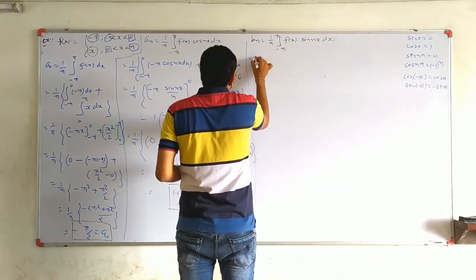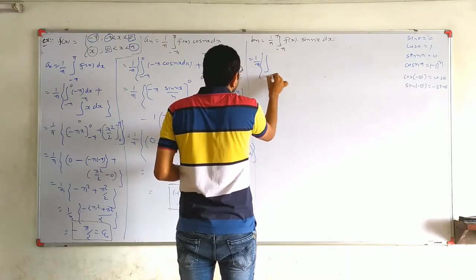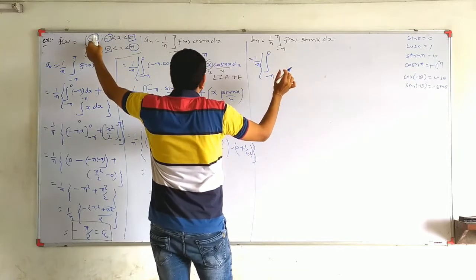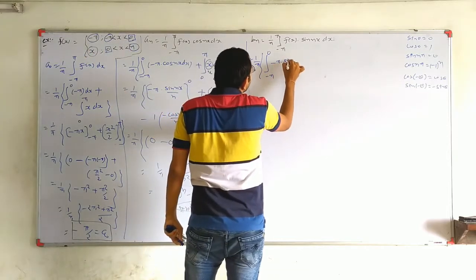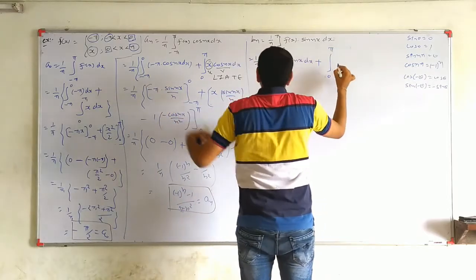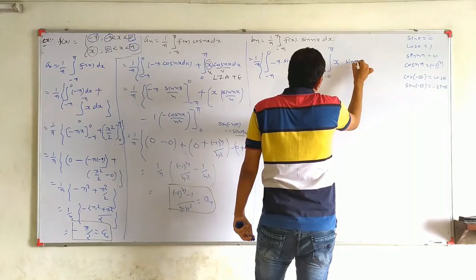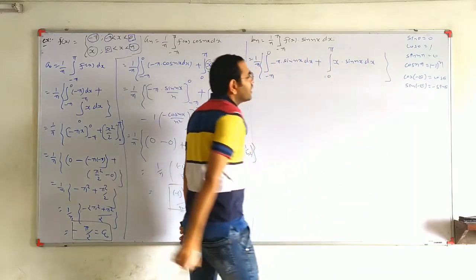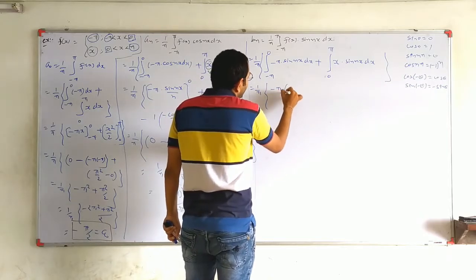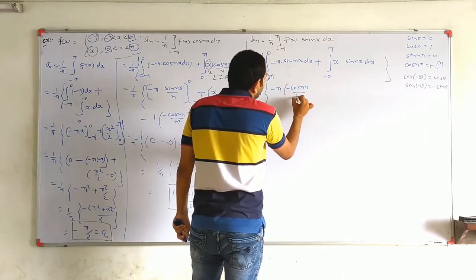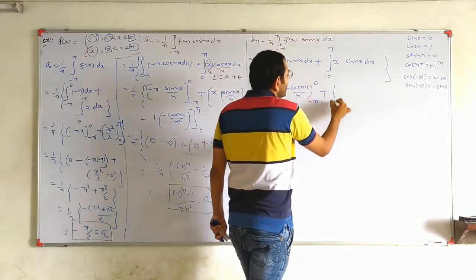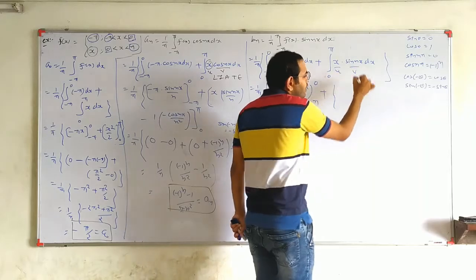Similarly, we break the limit: from minus pi to 0 the function has value minus pi, so minus pi into sin nx dx, plus from 0 to pi the function has value x into sin nx dx. Now taking the integral, 1 upon pi times minus pi, here minus cos nx upon n from minus pi to 0, plus the second term with u and v assigned.